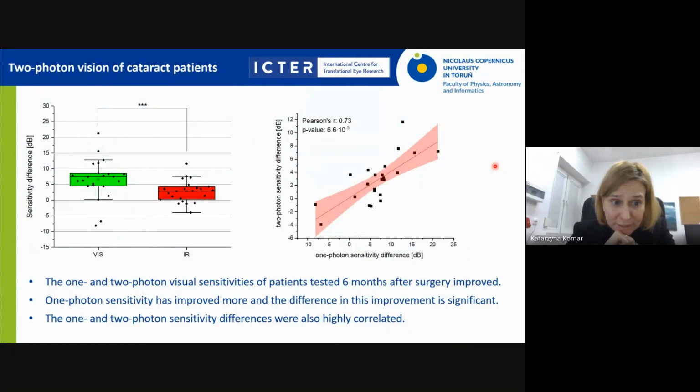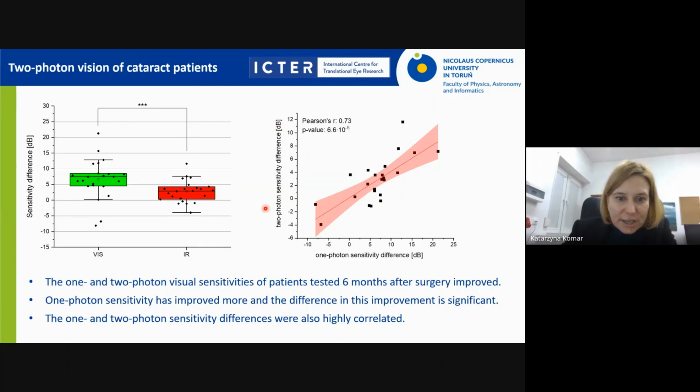And when we compare the sensitivity before and after, we can calculate the sensitivity difference for the visible beam and for the infrared beam. We found that, in fact, the sensitivity for the infrared beam changed less after cataract surgery than for the visible beam.